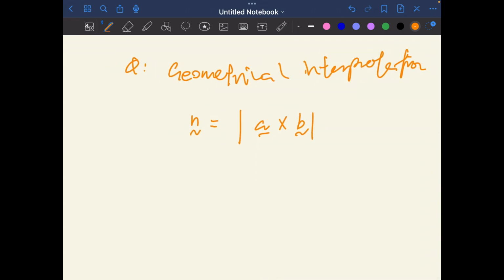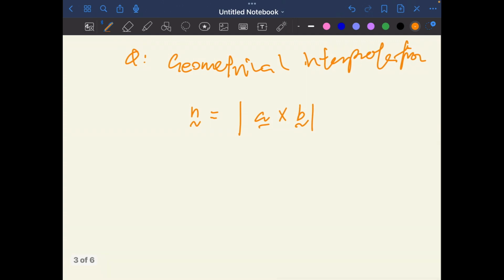If the question doesn't specify that B is a unit vector, so it just says this random thing, then you can say it is the area of parallelogram whatever.